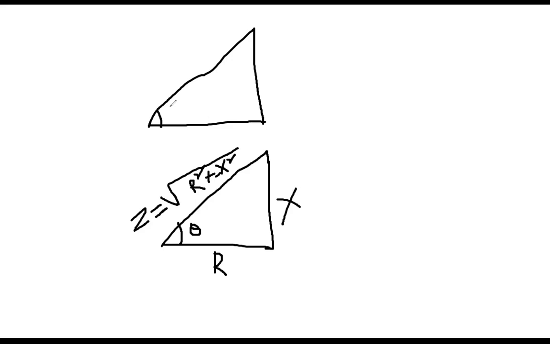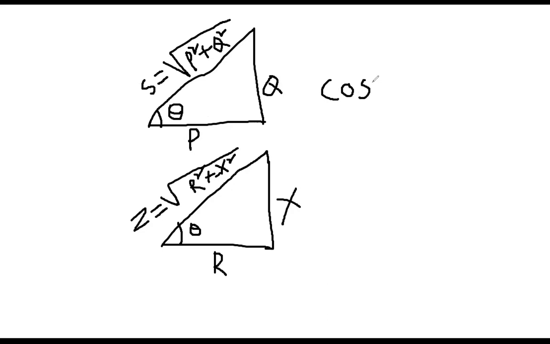And then the thing that we discussed in the last class: this is P, this is Q, and this is S. Okay, so we are discussing power factor, which is cosine of theta. So from this triangle, cos theta is P over S.